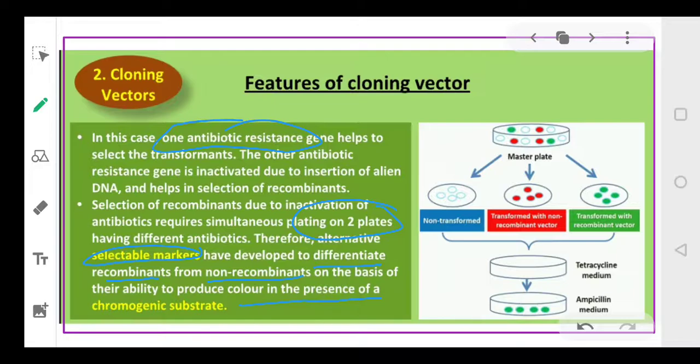So if you look at the cell and from the color itself you can identify whether it is a normal cell or a transformed cell, right? Then this process becomes simpler. As you can see here, you can grow the bacteria, and depending upon the color, like blue, red or green, you can easily identify whether they are non-recombinants or recombinants.